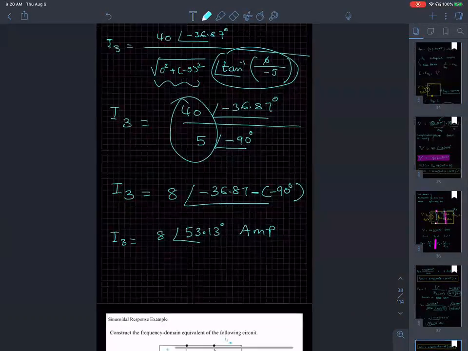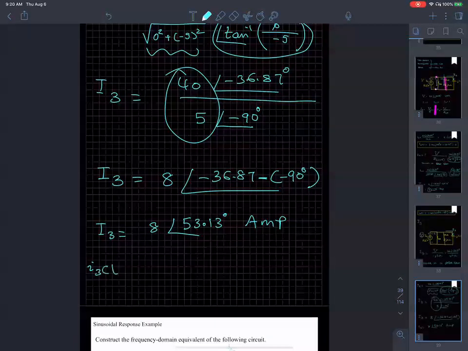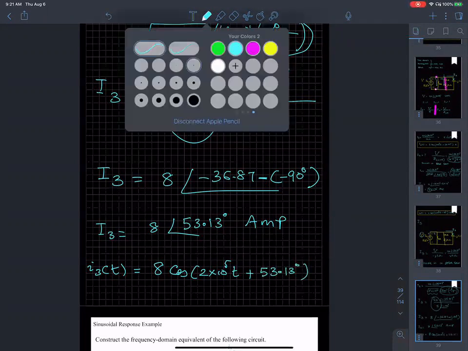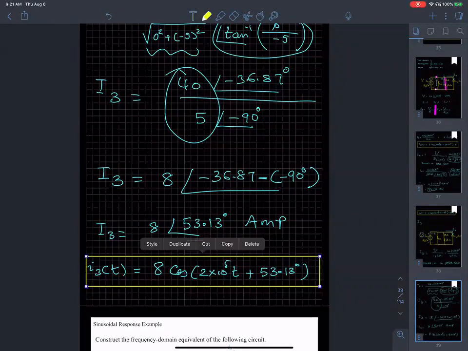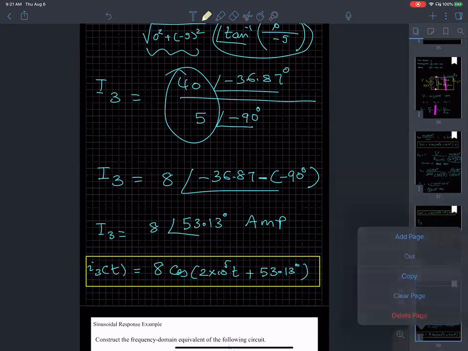Now, if you want to write it in the time domain form, I3 of t is 8 cosine omega t plus phi, where omega is given. We know omega, right? 2 into 10 to the 5 radians times t, plus the angle is 53.13 degrees. That's the third part of the problem we wanted to find. Questions, please. Questions so far.